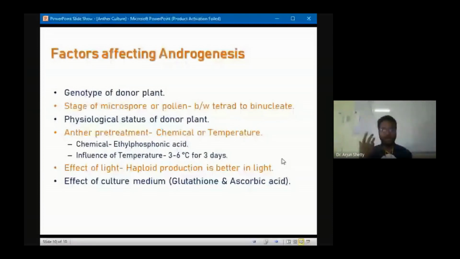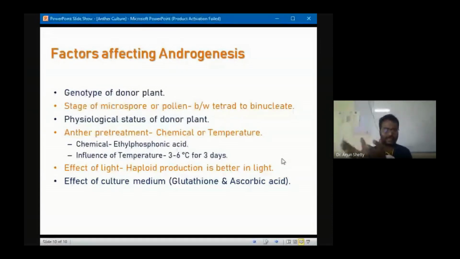According to the holding capacity of the anther, usually 3 to 6 degrees Celsius low temperature can be used for storing the anthers for 2 to 3 or 4 days. These low-temperature-treated anthers will give greater results.